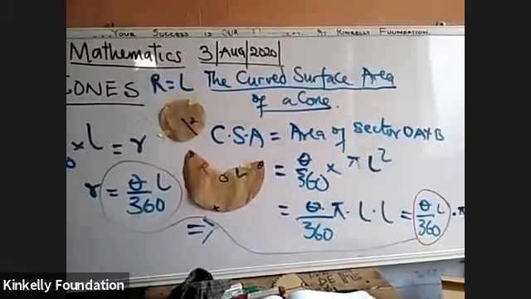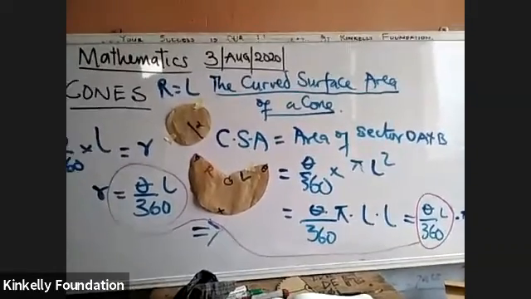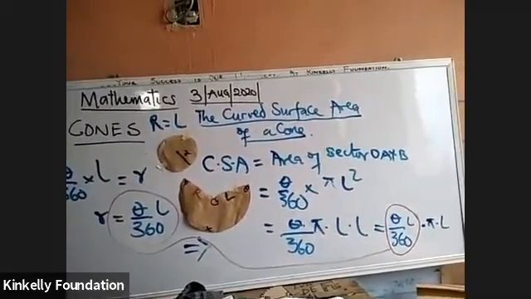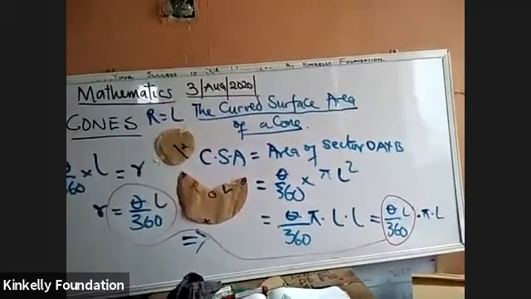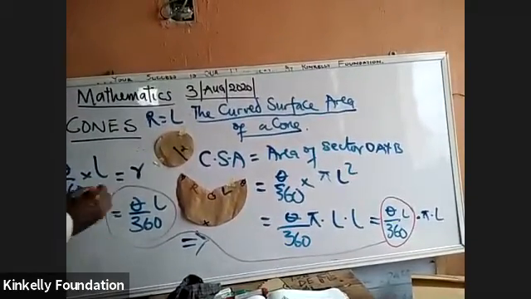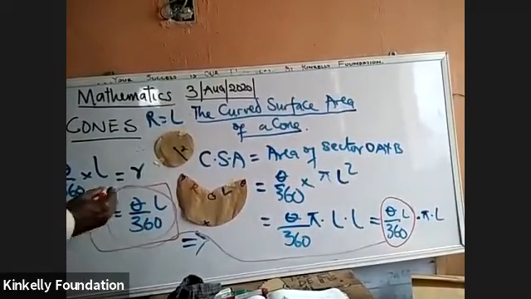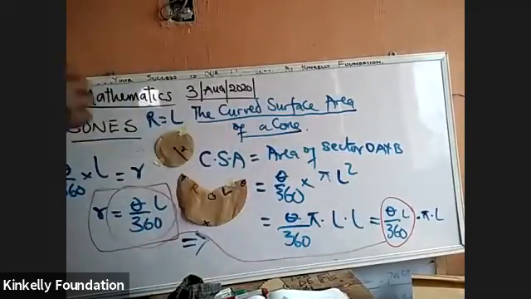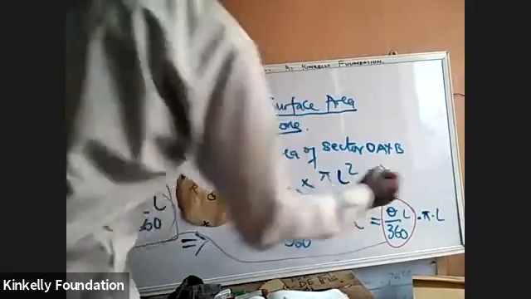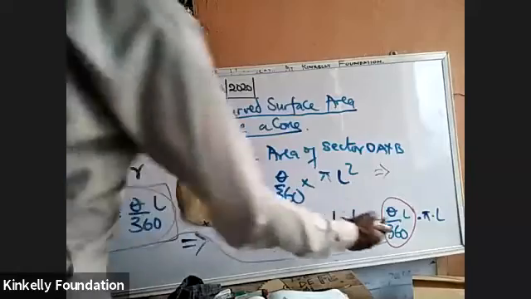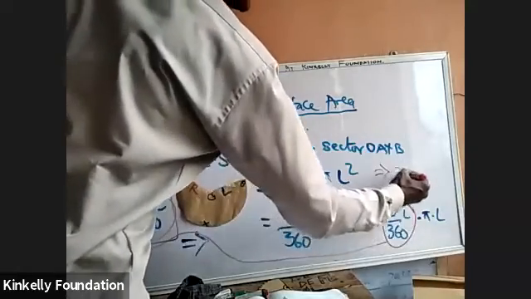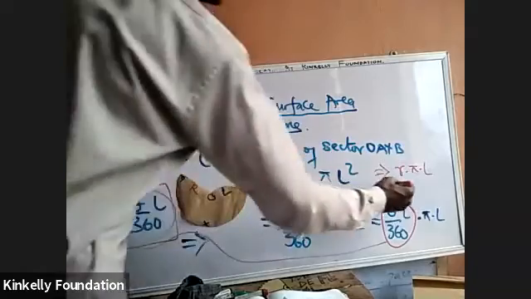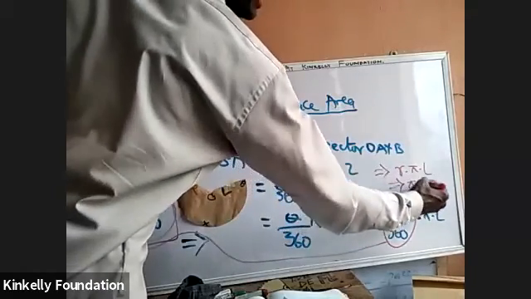So we see that this one is the same as this one we have here. We are not going to replace it, which means this will now be r times pi times l, which is pi r l.